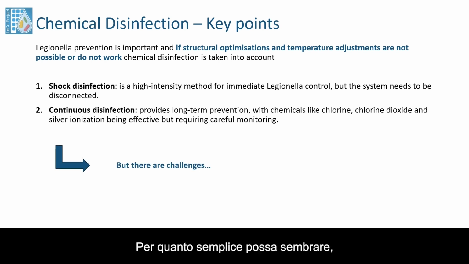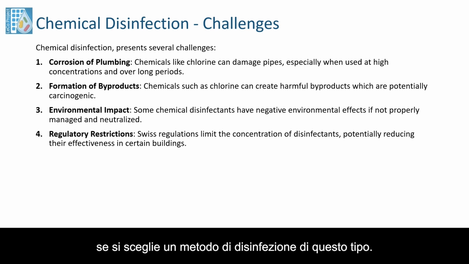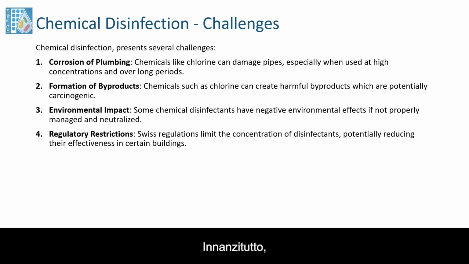As simple as this sounds, there are challenges, and these challenges need to be taken into consideration if such a disinfection method is chosen. So first of all, those chemicals do not react only with biofilm and Legionella, but they also react with the whole system, the building plumbing system, and there is corrosion of plumbing.